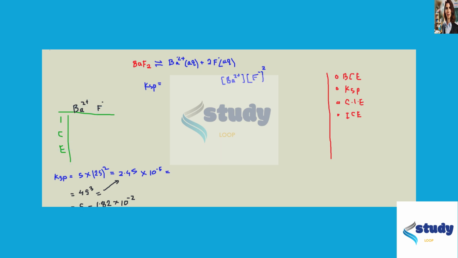So here we are going to make our ICE table again. Our initial concentration of barium, as we have 0.1 molar barium nitrate present, is not 0, it should be 0.1 molar, but the fluorine is again 0.